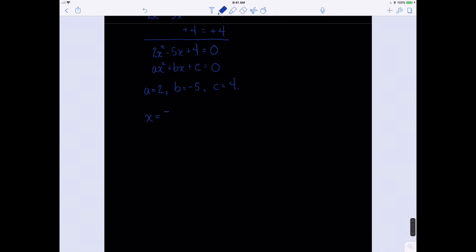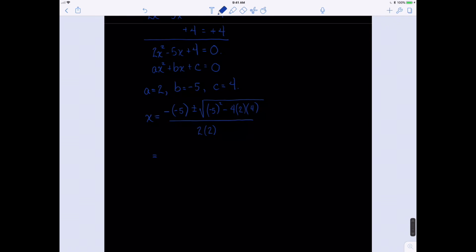Now b is already a negative, so we need to put it in with parentheses. Plus or minus the square root. This gets a little long: negative 5 squared minus 4 times a, which is 2, times c, which is 4. Then we divide all of that by 2 times the a value, which is 2.